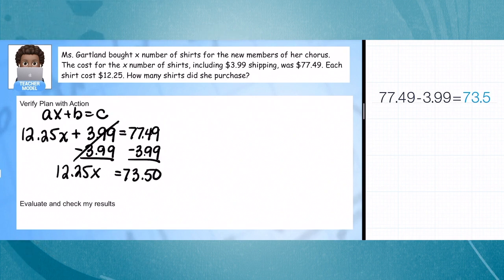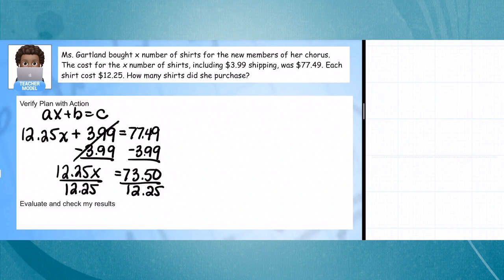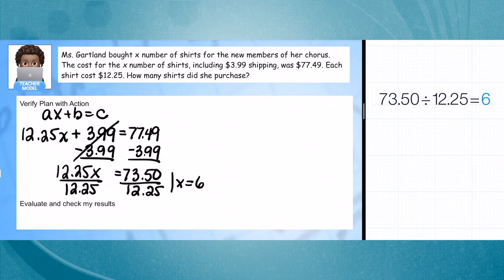And now we're going to divide by our coefficient. Divide by 12.25 to solve for x. So 73.50 divided by 12.25 is equal to 6. X is equal to 6. 6 what? 6 shirts.